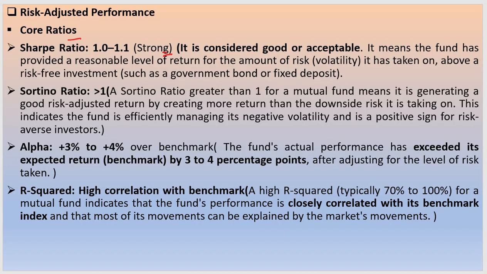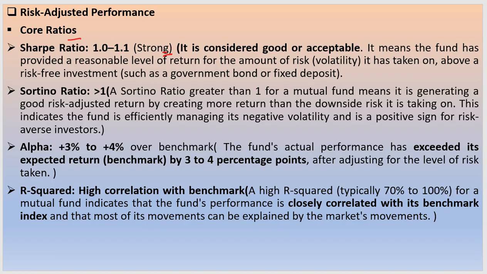Now move to alpha. Plus 3% to plus 4% over benchmark. The fund's actual performance has exceeded its expected return benchmark by 3 to 4 percentage points after adjusting for the level of risk taken. R squared, high correlation with benchmark.